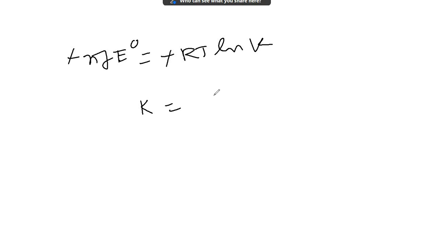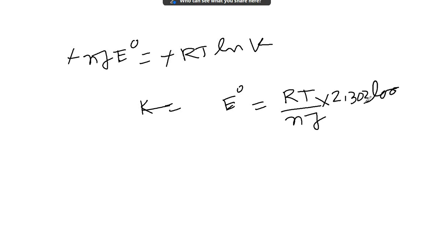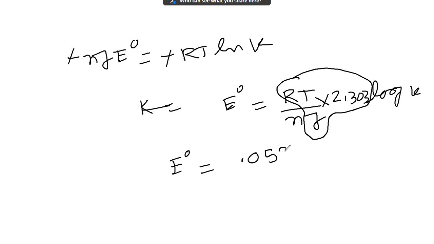E naught is equal to RT by NF ln K, where ln means 2.303 log K. The whole thing equals 0.059. So E naught is equal to 0.059 by N log K. N means number of electrons transferred, K is the equilibrium constant. In this way, I can determine the equilibrium constant knowing the standard EMF.